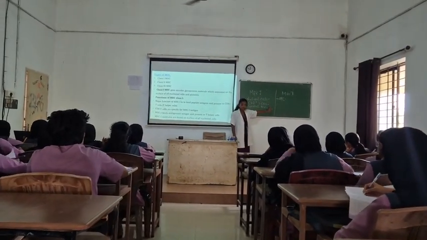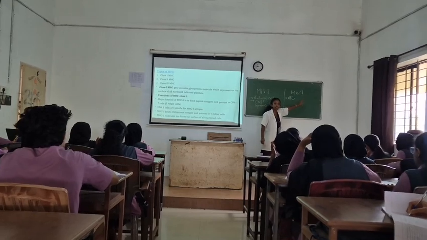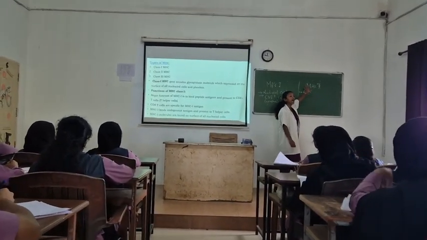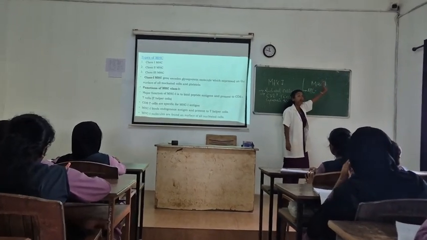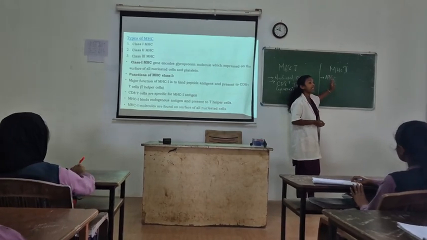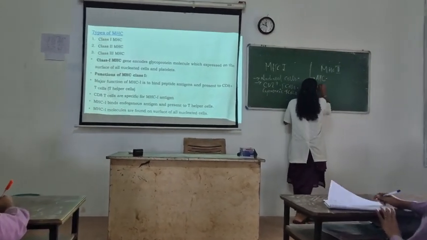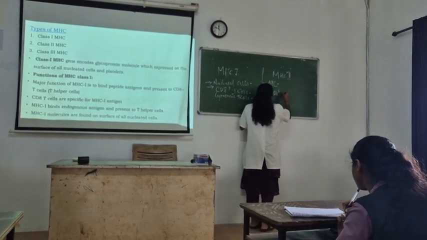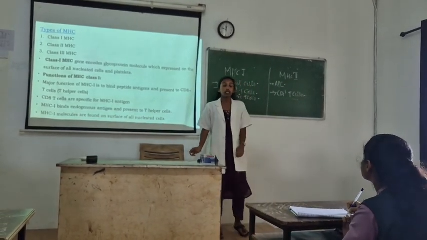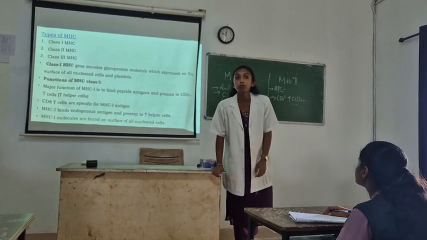CD8 plus T cells. But in the case of MHC 2 molecules, which are visible on the surface of what? Antigen presenting cells. When it combines with the antigen, it will present this antigen to CD4 plus T cells. CD4 plus T cells are helper T cells.